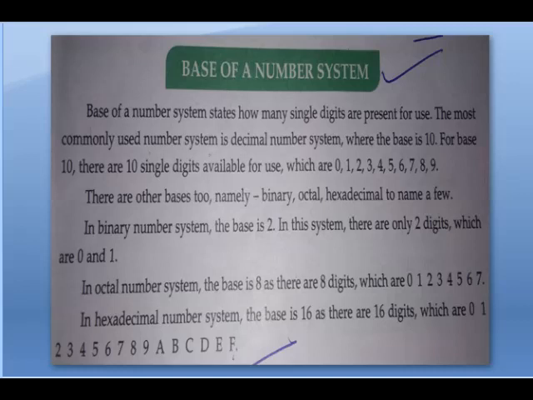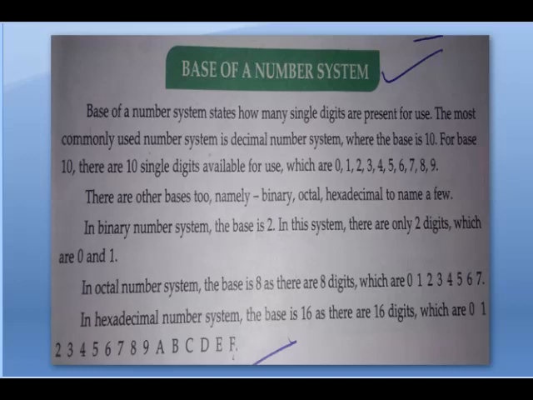For base 10 there are 10 single digits available, which are 0 to 9. So the base of a decimal number system is 10.